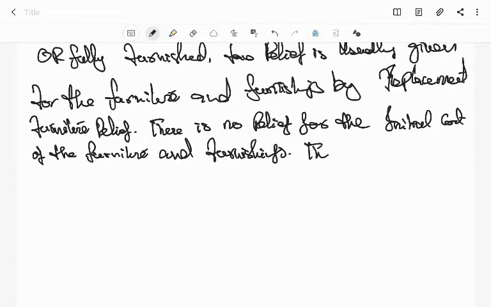There is only relief when assets are replaced.